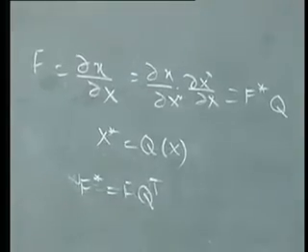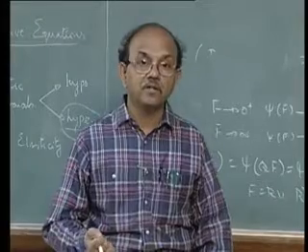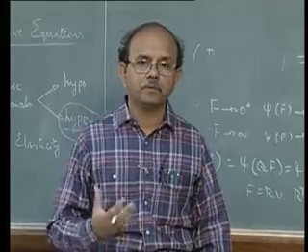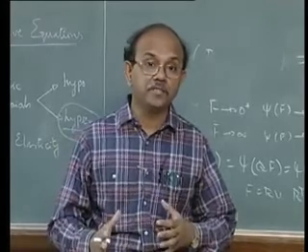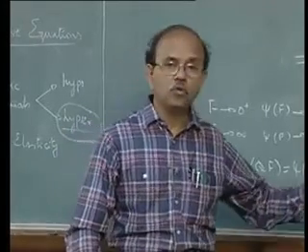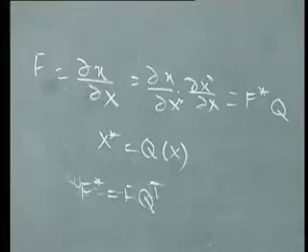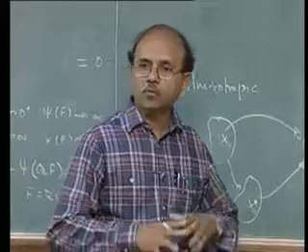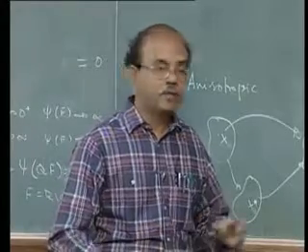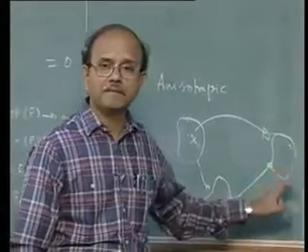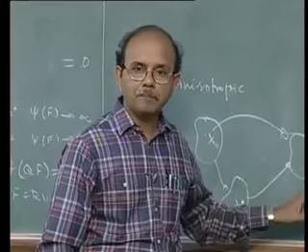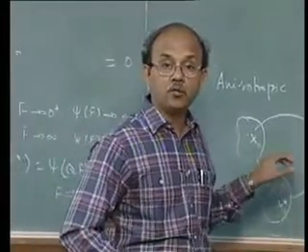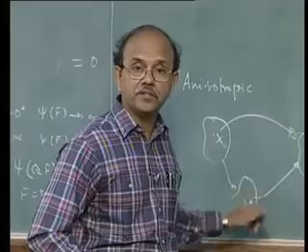On the other hand, what do we mean by objectivity? Objectivity means that if I now load the material, come to this state with the deformation, with the loading in place, now if I rotate this, which is equivalent to an observer rotating, because two observers have the same reference configuration.